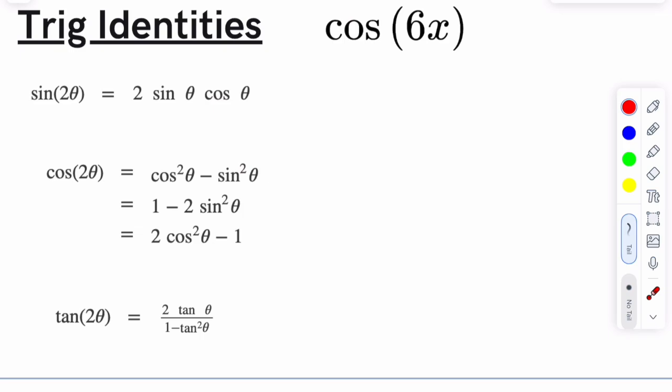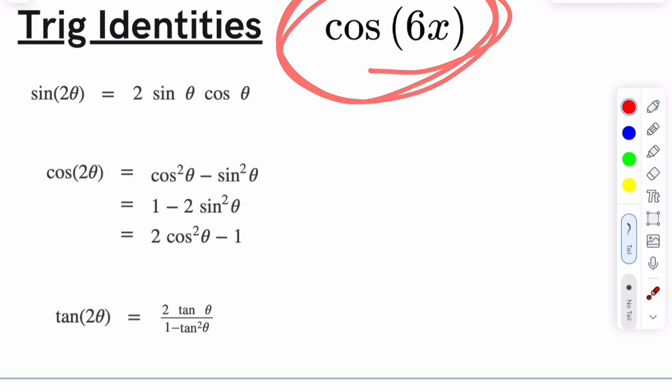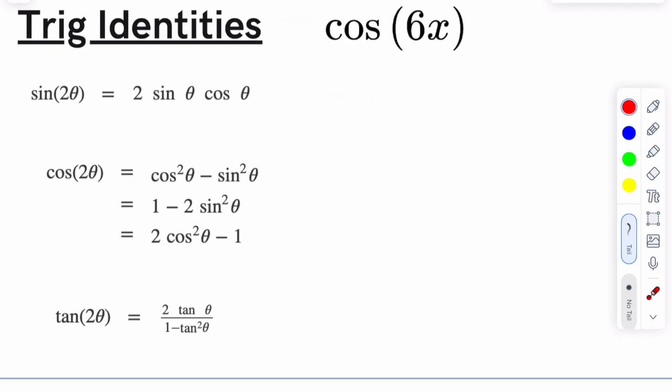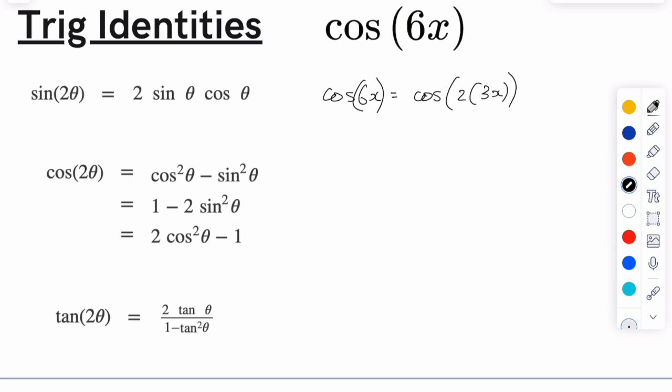So, a common scenario that will occur is when you need to convert something like this. You're going to need to expand this, whether it's in an equation, in an identity, what have you. So this is an important skill. If we need to expand this, we can say that cos 6x is the same thing as saying cos of 2 times 3x, no?